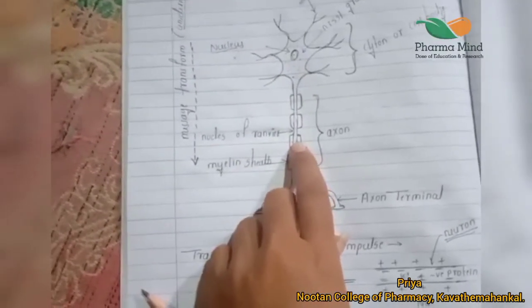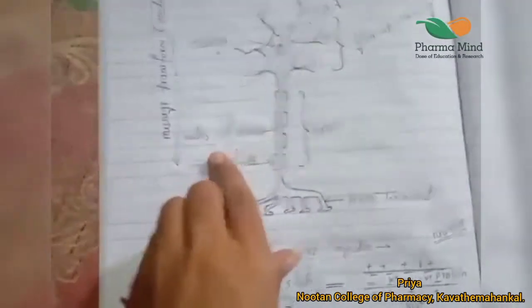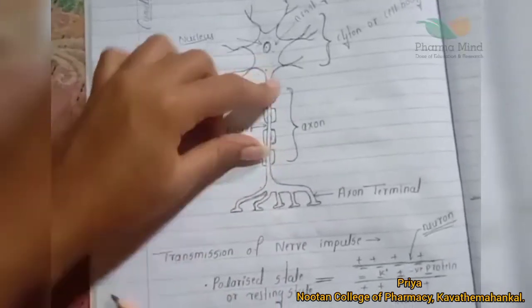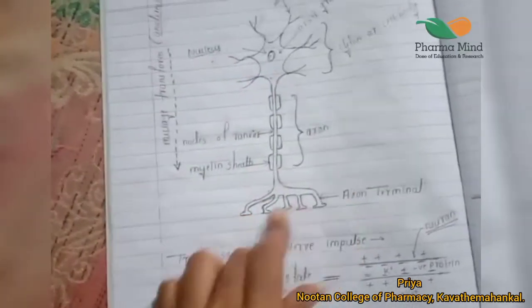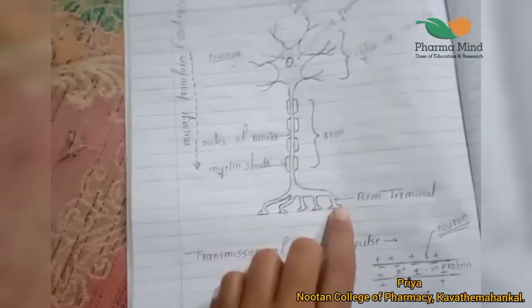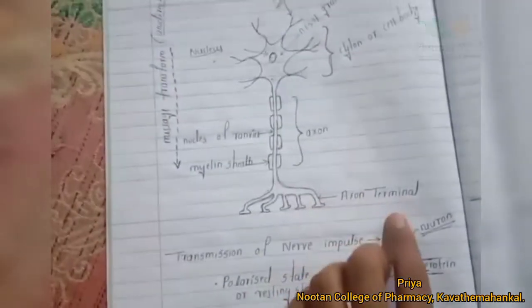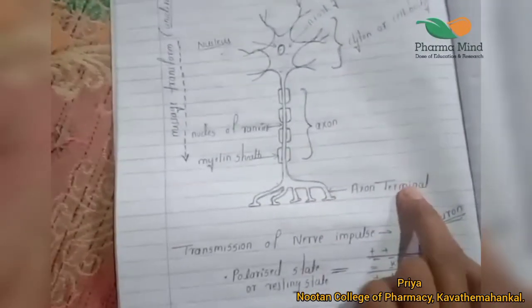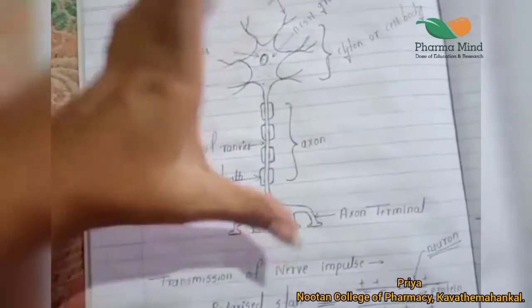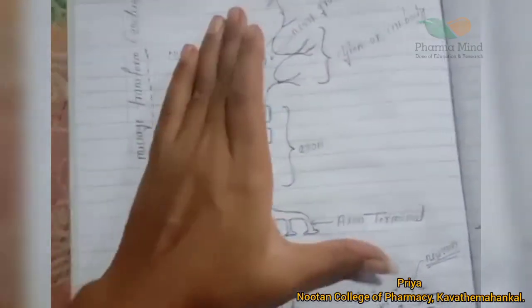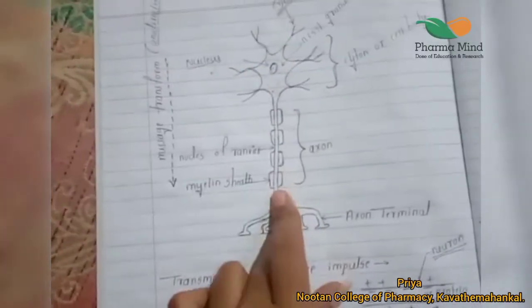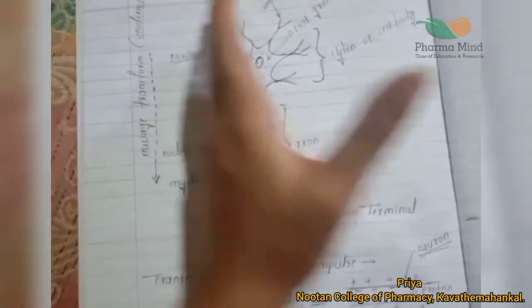This is called the nodes of Ranvier, and the last terminal end of the neuron is called the axon terminal.